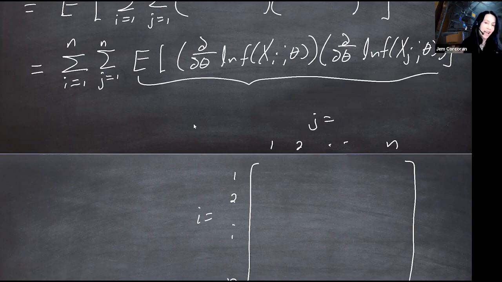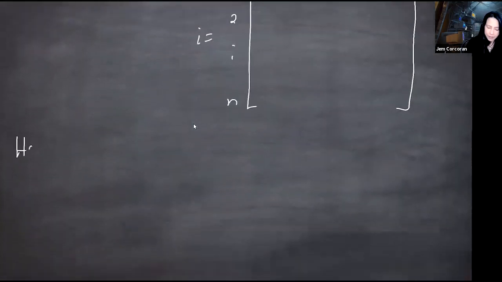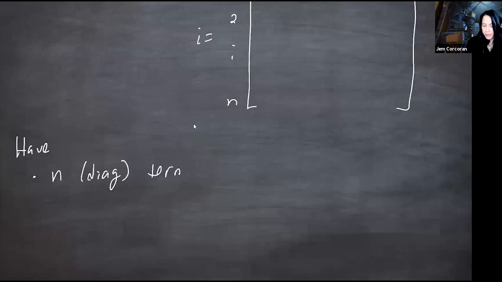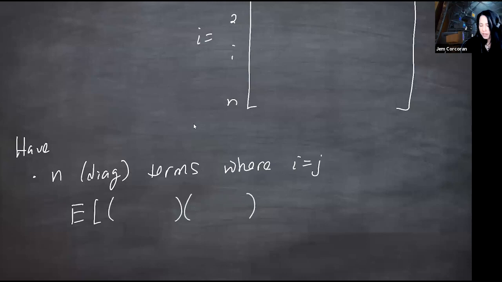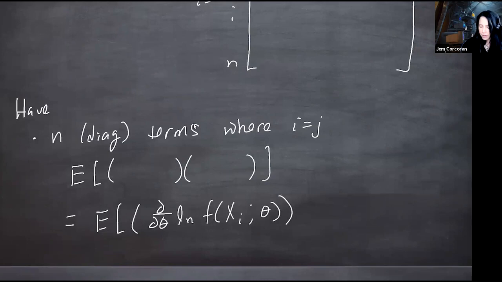And when we're off the diagonal, i is not j, and we're going to have a certain expectation there. So we have n terms along the diagonal where i equals j. And in that case, we're looking at the expected value of one of them, let's say the i, squared.